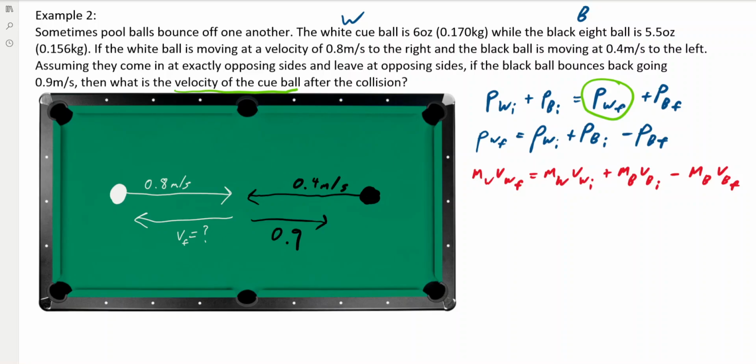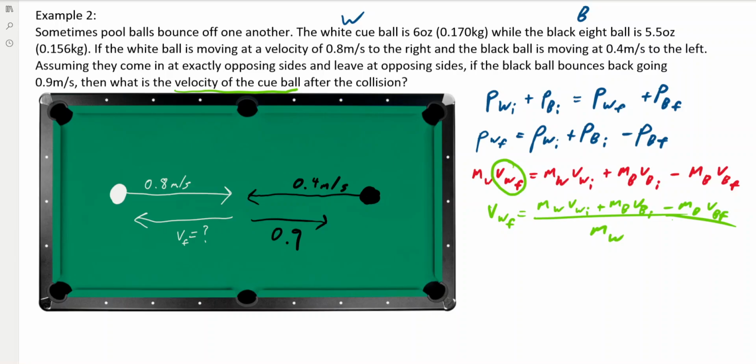Okay, pretty good, but we want to solve for the velocity. We want to solve for the velocity of the white ball final, so we're going to solve for that by dividing by MW on both sides. So it's going to be MW VWI plus MB VBI minus MB VBF, over MW. Okay, so we have now solved it algebraically.